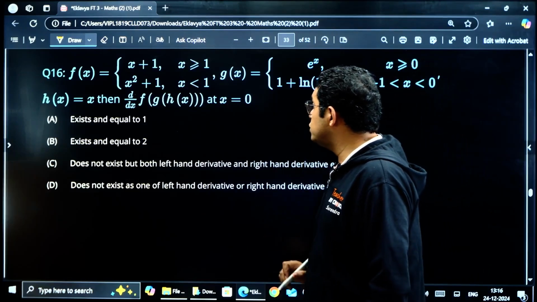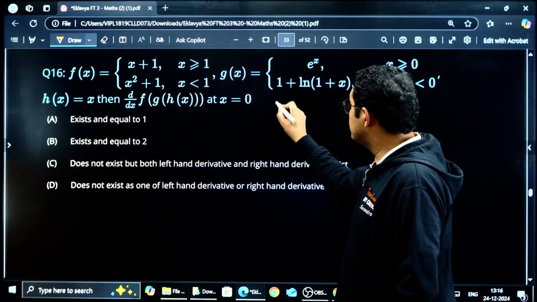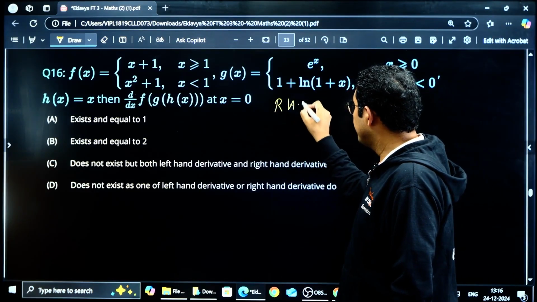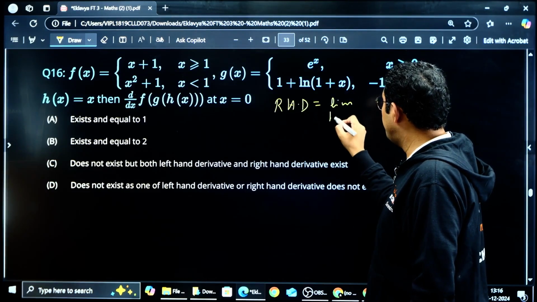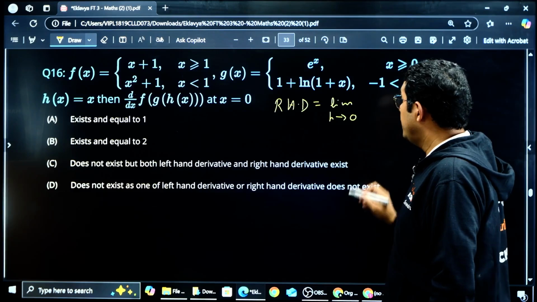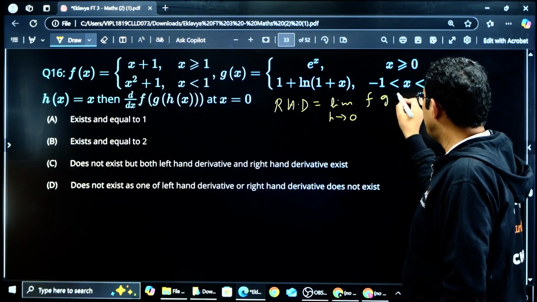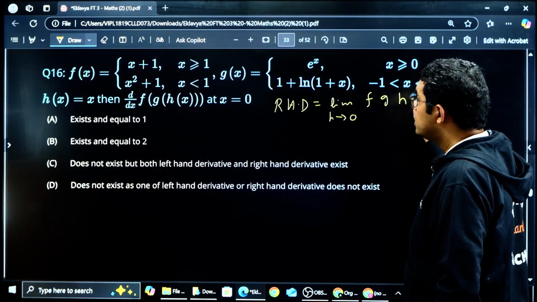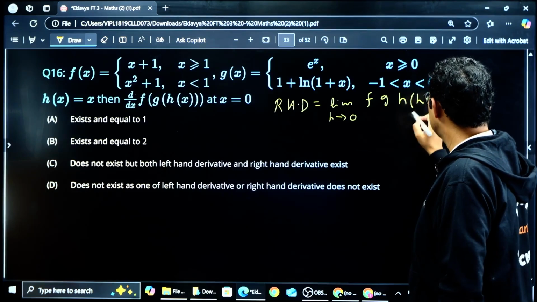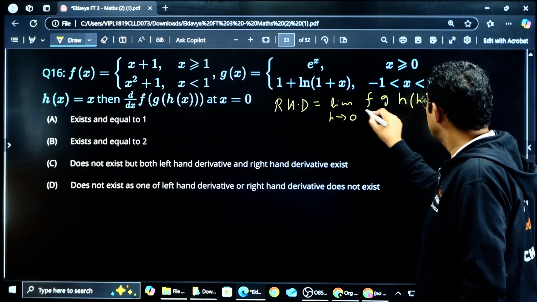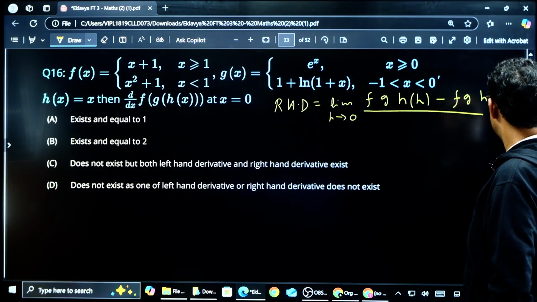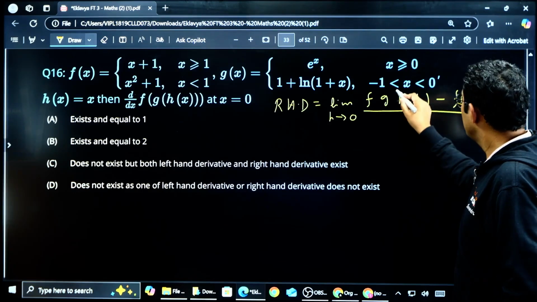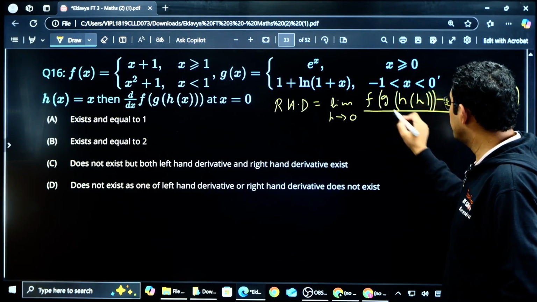So at x equal to 0, if we have to find the derivative, first I will find RHD. RHD means limit h approaches 0, and it will be f of g of h of (0 plus h) minus f of g of h of 0, with that many brackets, upon h.